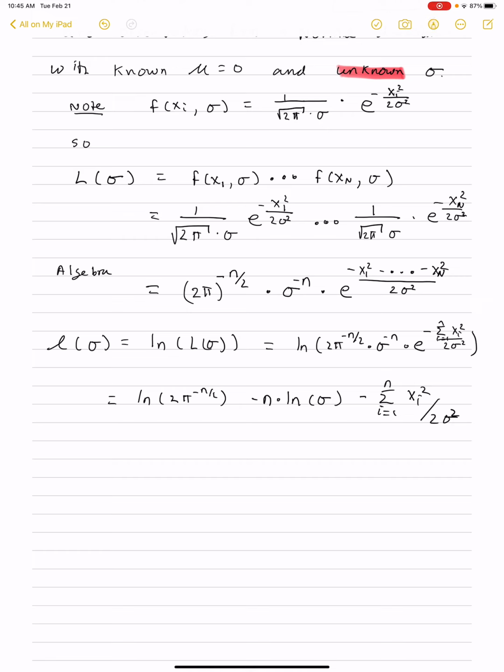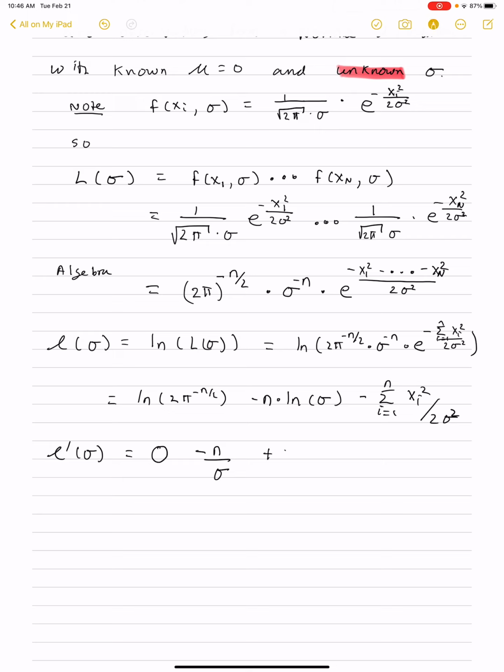Now, what we have to do is take the derivative of this. So we're going to take the derivative with respect to sigma. Because I differentiate with respect to sigma, this first term does not involve sigma, it's 0. Now I have to differentiate ln of sigma. That will be 1 over sigma from calculus 2. This last term, remember the sigma's in the denominator, so that's really sigma to the minus 2.